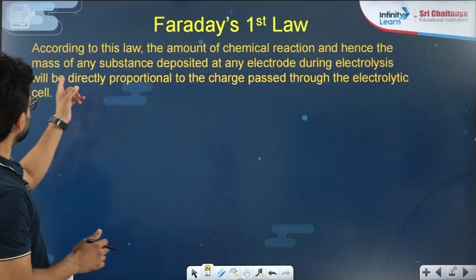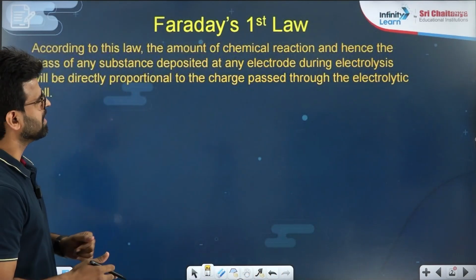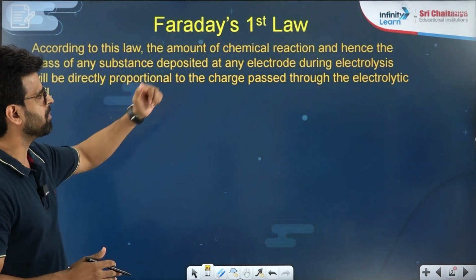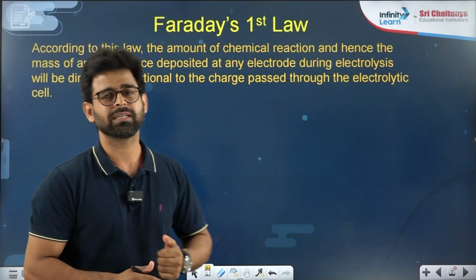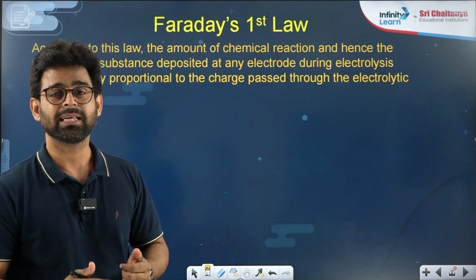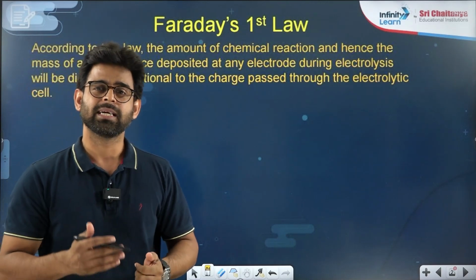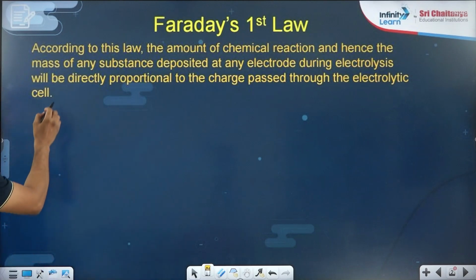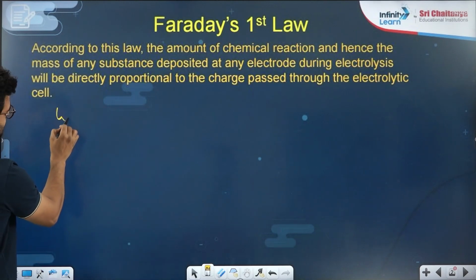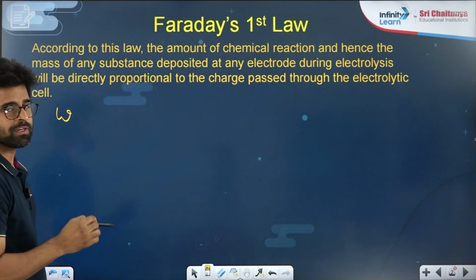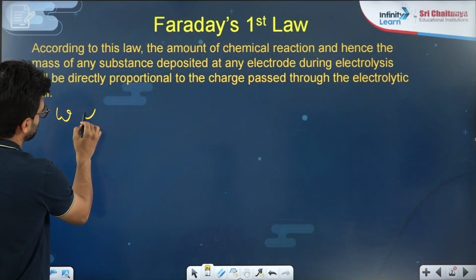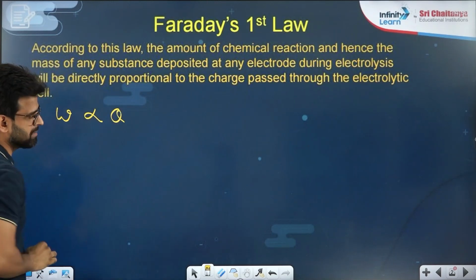According to this law, the amount of chemical reaction, or the mass of the substance deposited at an electrode during electrolysis, is directly proportional to the charge passed. How can you write this? If W is the weight of substance which will deposit, this weight is directly proportional to the charge passed.